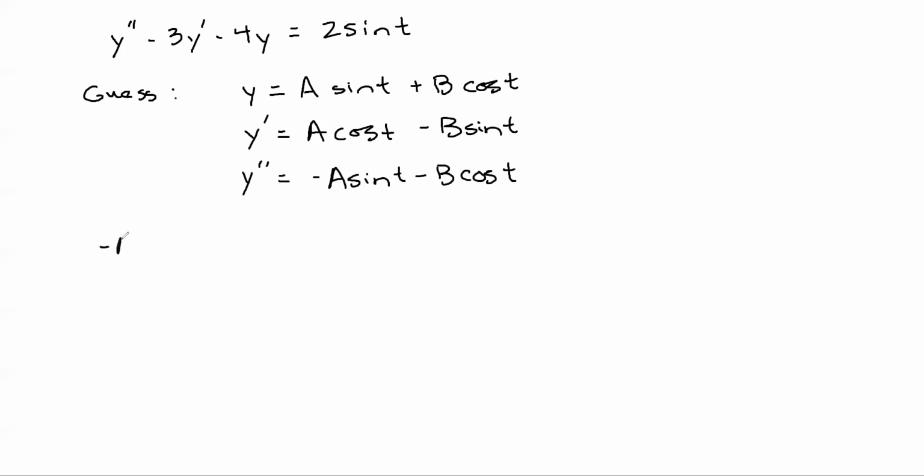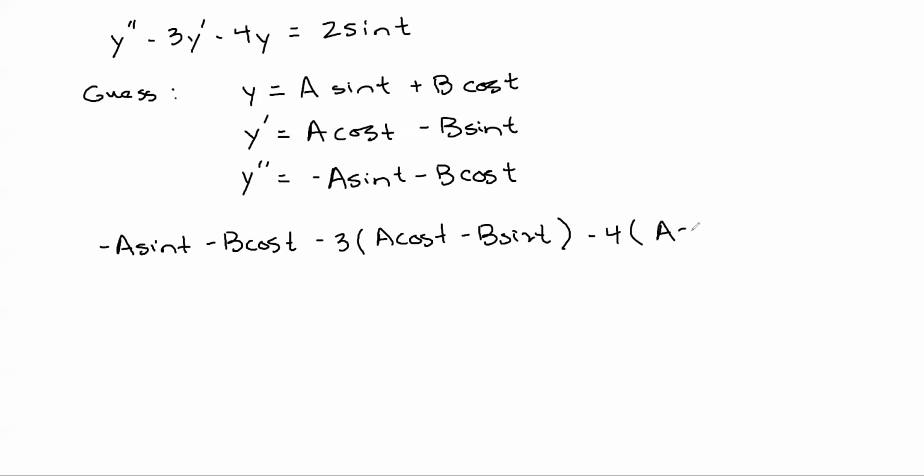You're going to get negative a sine t minus b cosine t, minus 3a cosine t minus b sine t, minus 4a sine t plus b cosine t, and we want that to equal 2 sine t.